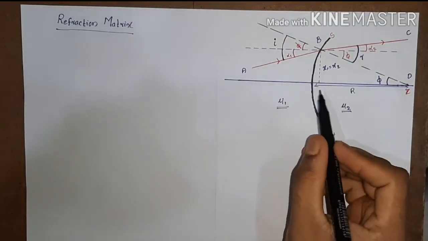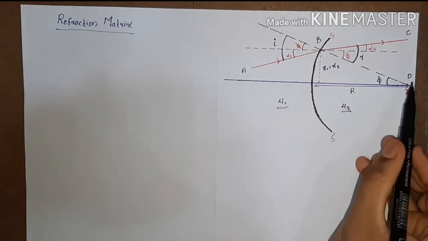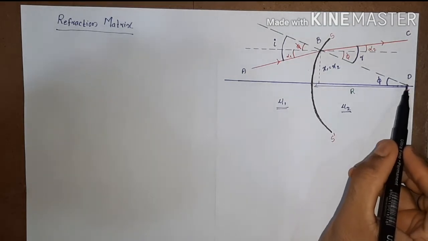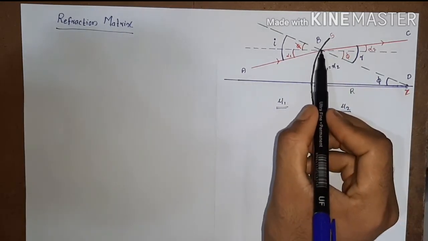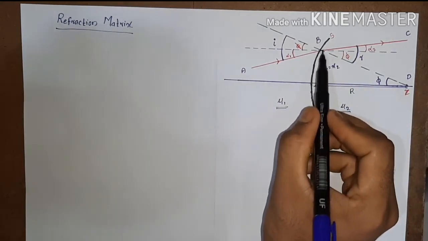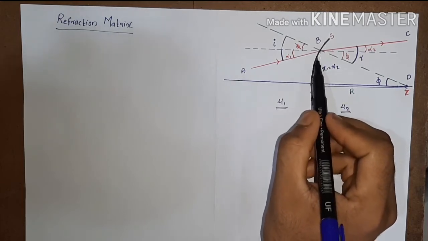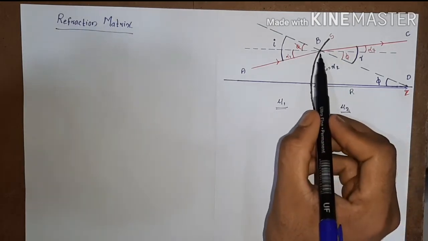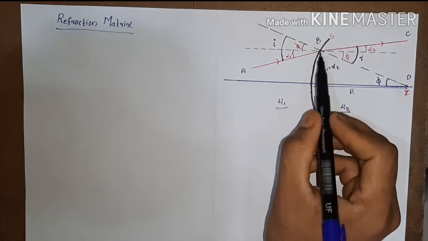Here R is the radius of curvature of this spherical refracting surface, and D is the center of curvature. Any line originating from the center of curvature of any spherical refracting surface and meeting the point of refraction, or any point on the surface, will be the normal at that particular point. So here I am considering the point B as the point of refraction on this spherical surface.